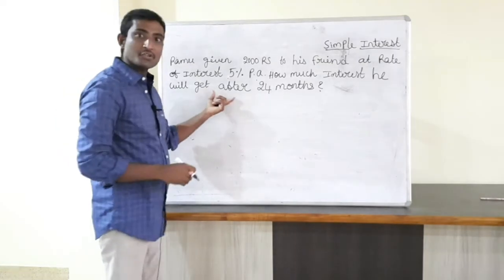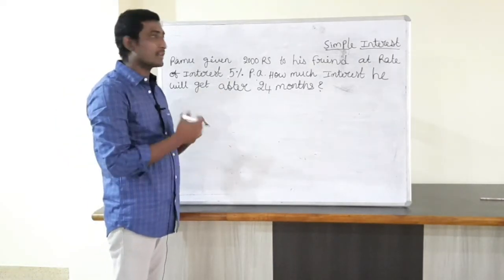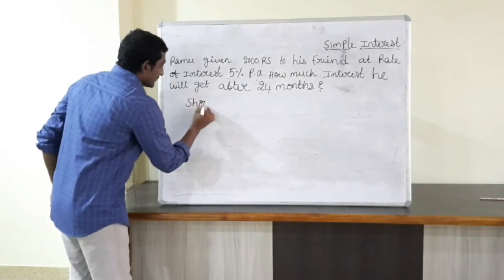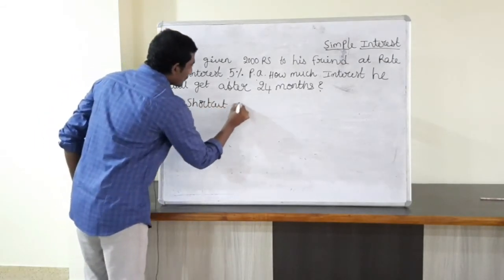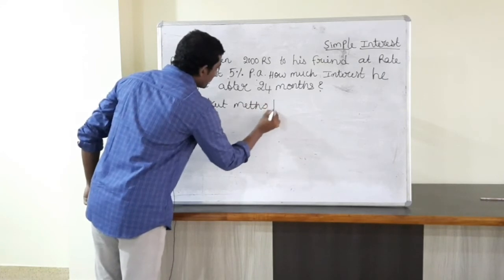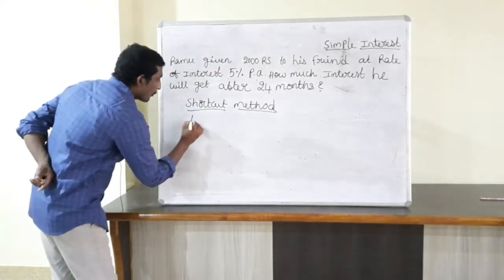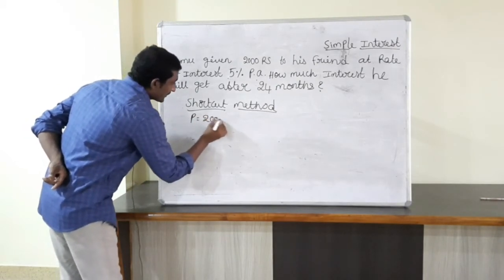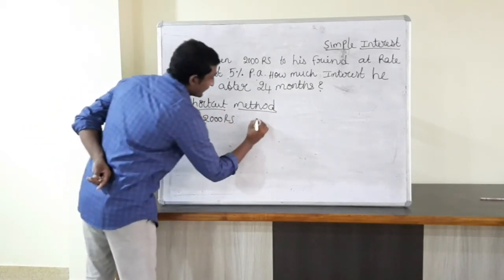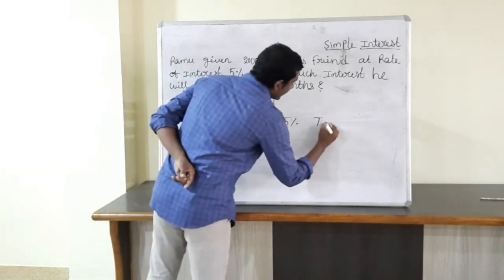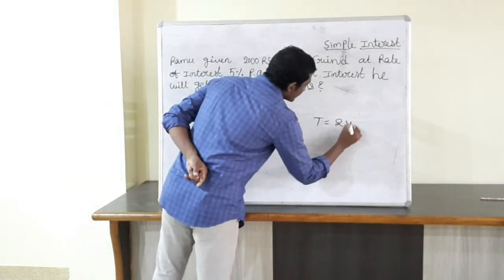Same question, how can we do this problem in the shortcut method? Let us see. Here the amount is 2000 rupees, rate of interest 5%, T equals 24 months, that means 2 years.